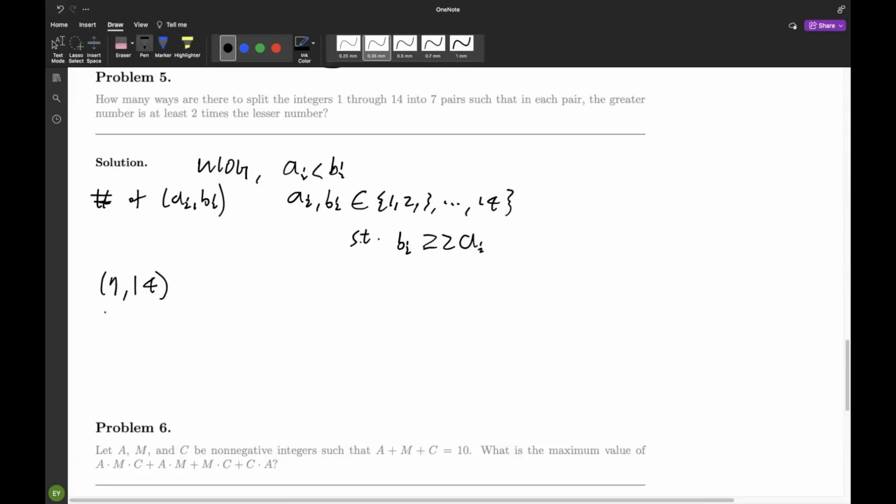Then we have 4, 3. Oh, wait, I'm running out of space. Then we have other cases where we have 6 and something, 5 and something, 1 and something, and so on.